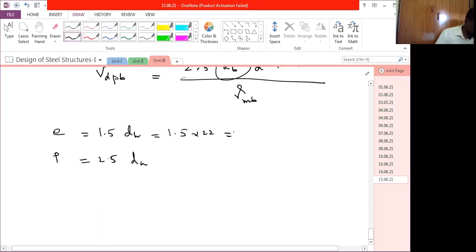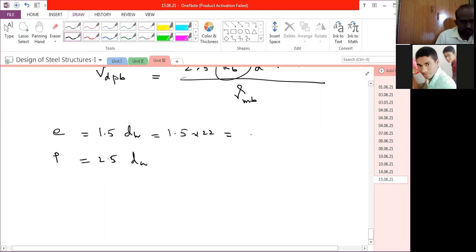So that is the minimum edge distance. How much? 33, sir. 33. Okay. So we shall provide 45.